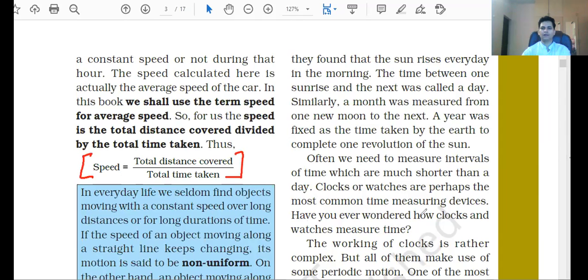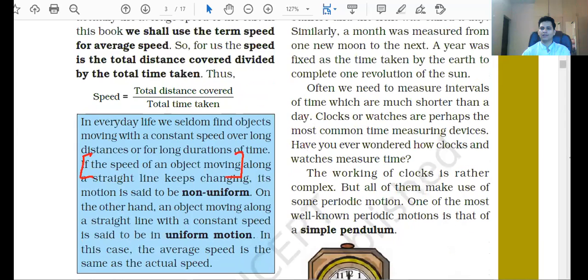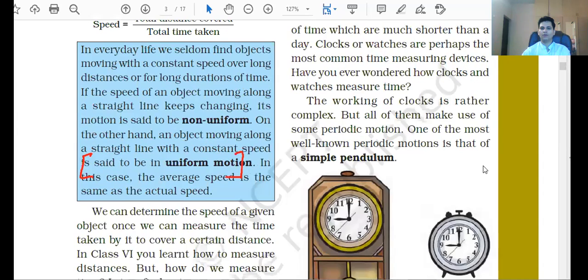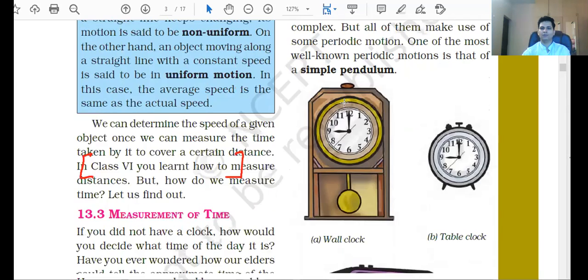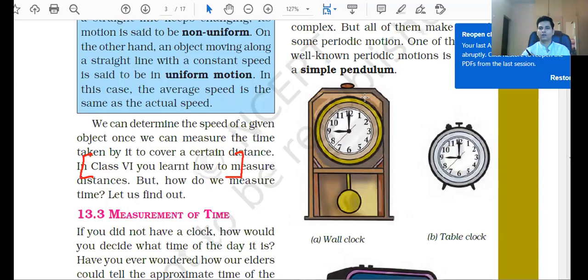We will spend one more class on this concept, but let's talk about your school syllabus first. Then we talk about types of motion: rectilinear motion, curvilinear motion, rotational motion, then periodic motion, oscillatory motion or oscillations.